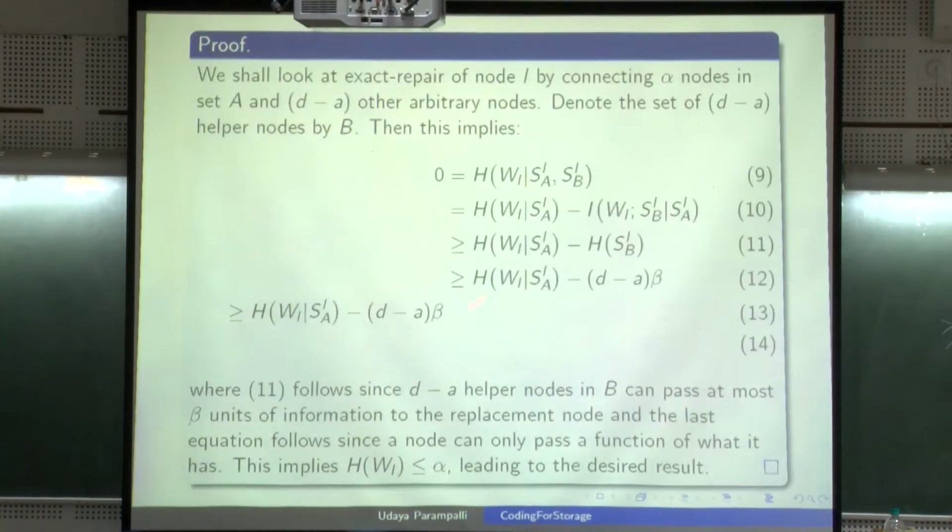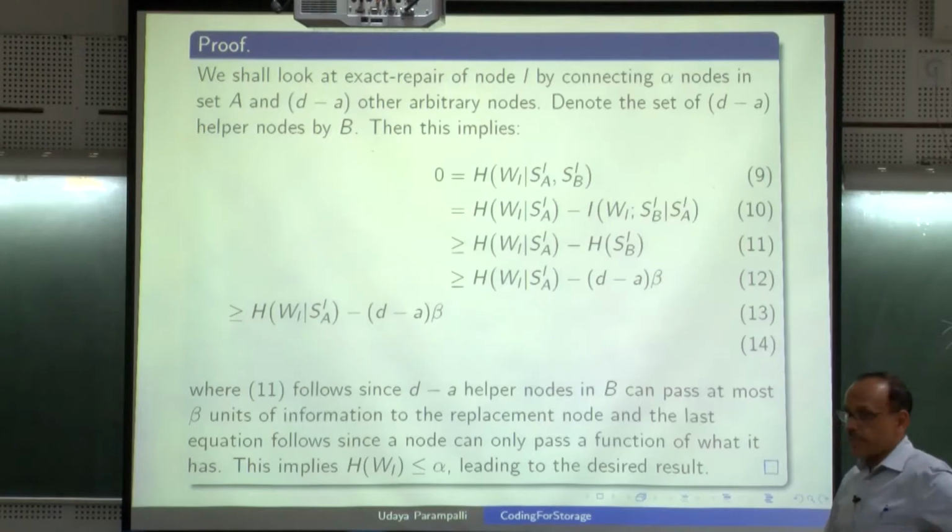What I am looking for is this itself. If that is 0, this is always greater than or equal to 0. What does it mean? For this to be greater than or equal to 0, this item should be greater than or equal to this.